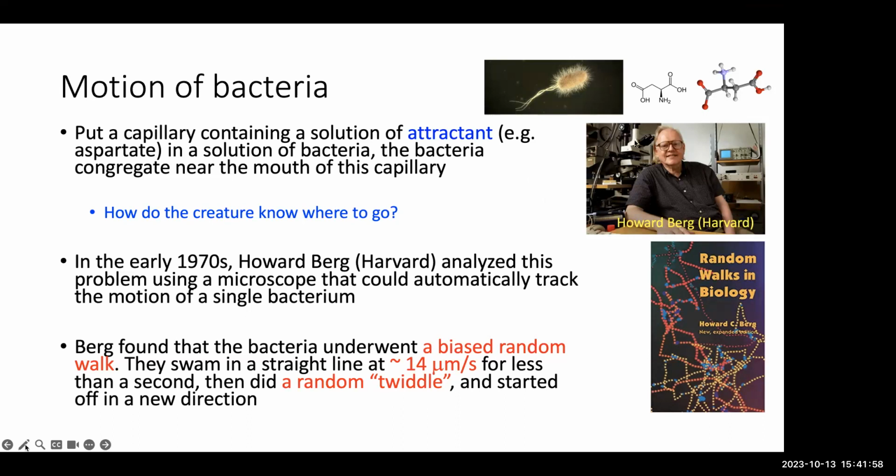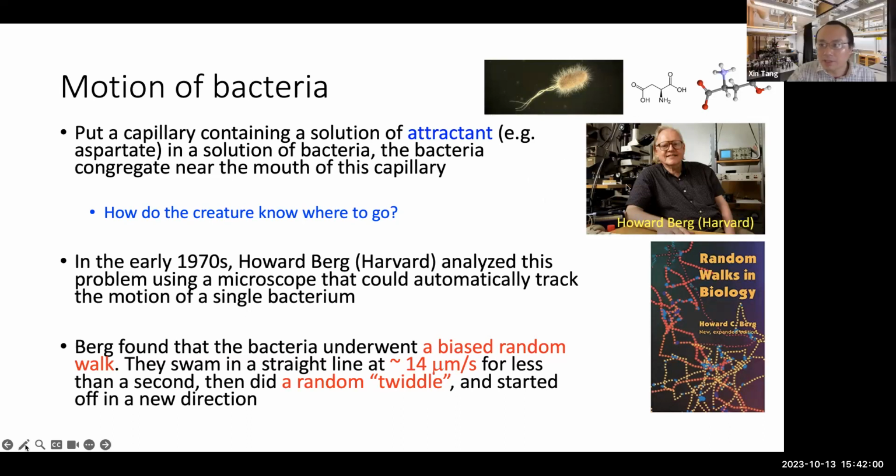Professor Howard Berg was the first person to study how bacteria move in nature. I actually visited his lab many times. His lab was the neighbor of our lab previously at Boston, on the Harvard campus.